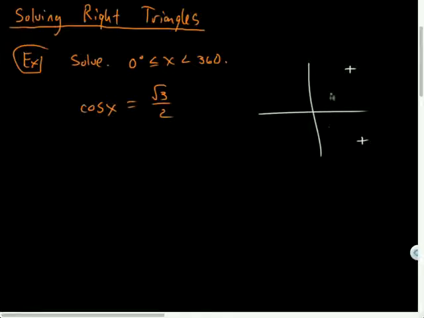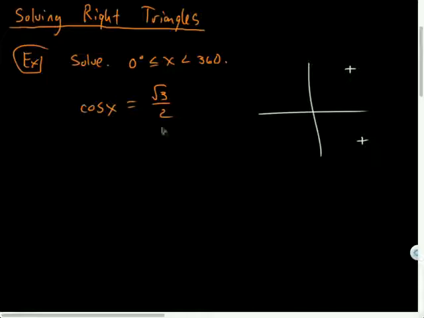So I'm expecting that my angle is going to be somewhere between 0 and 90, or from 270 to 360. I could possibly have two answers, because this angle and this angle have the same reference angle. So I know I'm looking in those two quadrants.